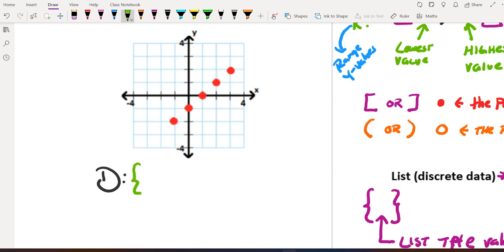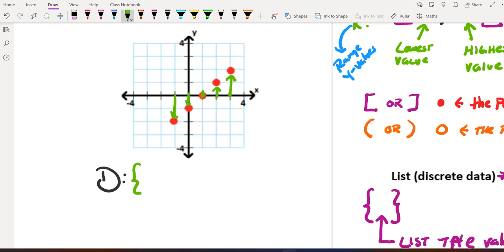Okay. So for this graph, I want to know what are the x values. So that's for domain. The x values of every single point. And we just list them. So we start from the smallest to the biggest. We work from the left side to the right side. So here, the x value is -1.